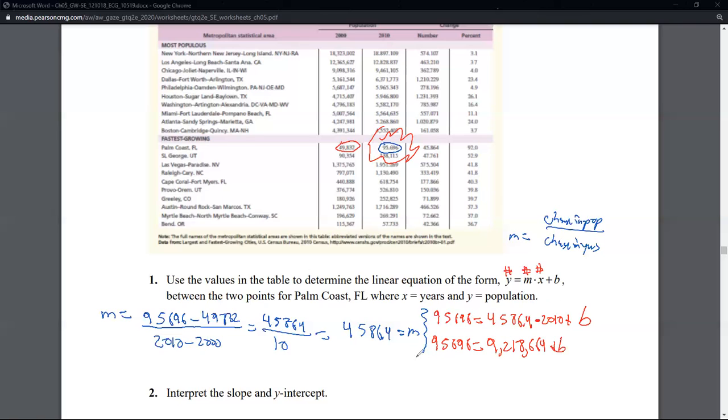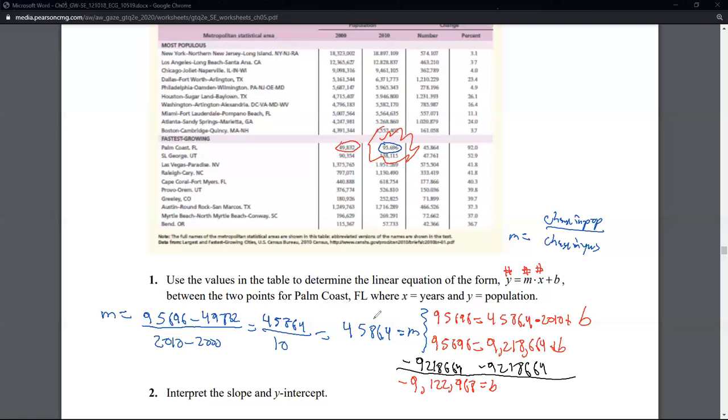Then to solve that, all you do is you subtract the 9 million number on both sides, so minus 9218664, just doing very basic algebra here. If you do that subtraction, you're going to get 95696 minus 9218664, which is negative 9,122,968, equal to b.